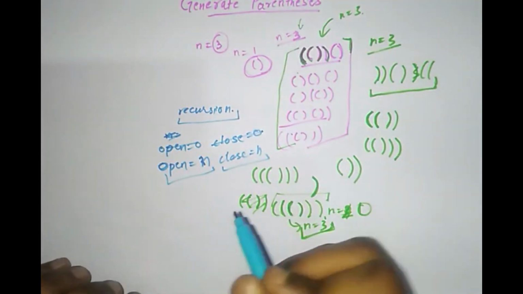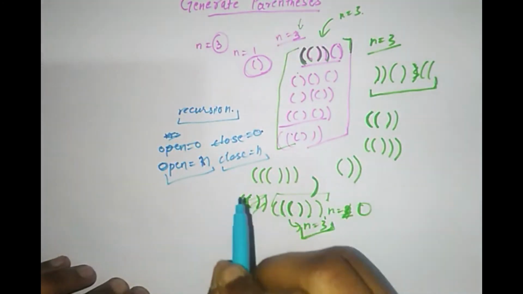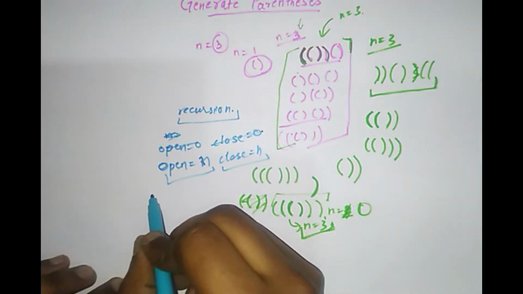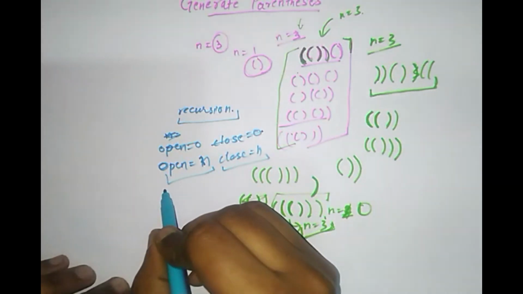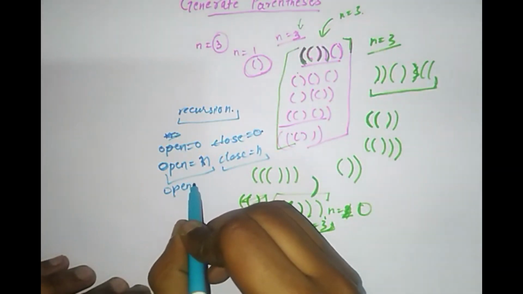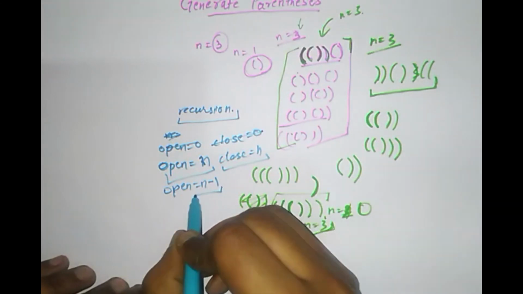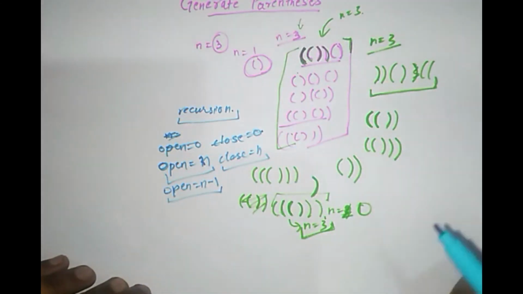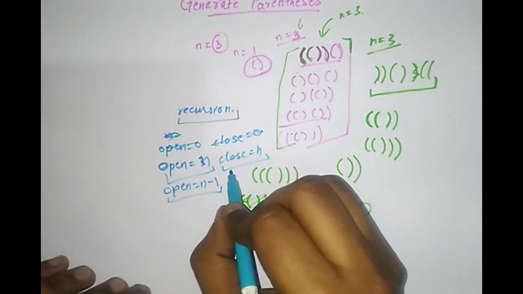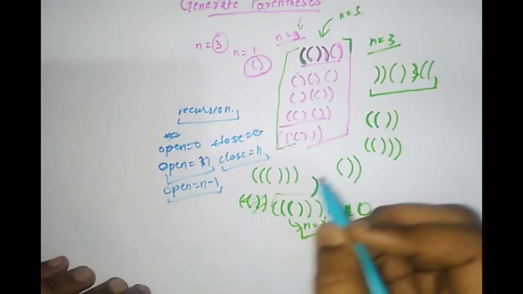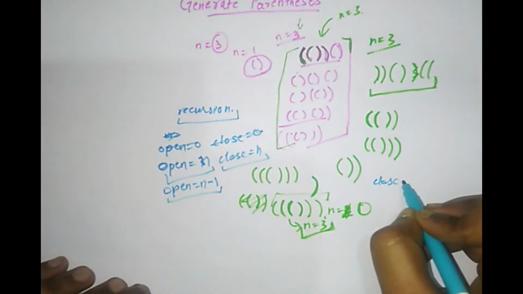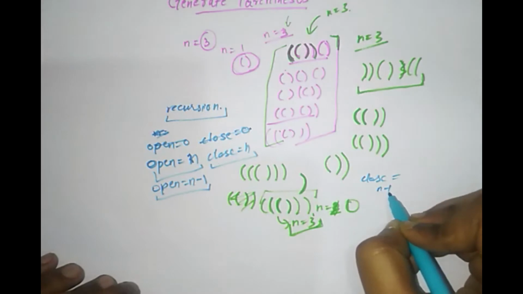If I am opening a bracket, then I decrease open by 1, so open will be n minus 1. And if I am closing a bracket, then I also decrease close by 1, so close will be n minus 1.